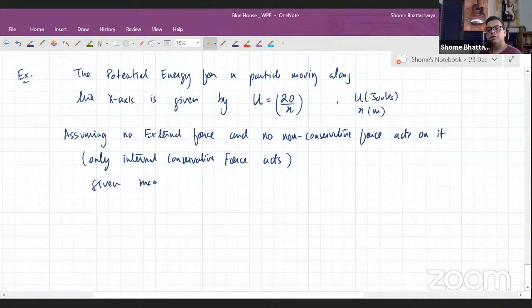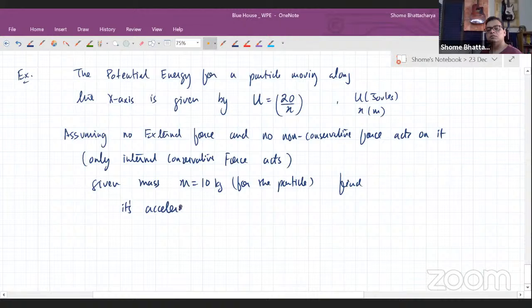Given the mass of the particle, find its acceleration at the position x equal to 2 meters.